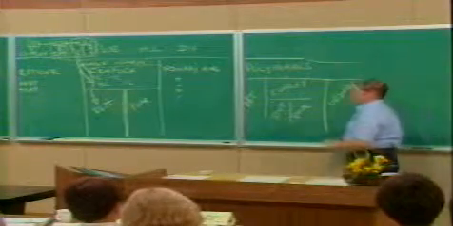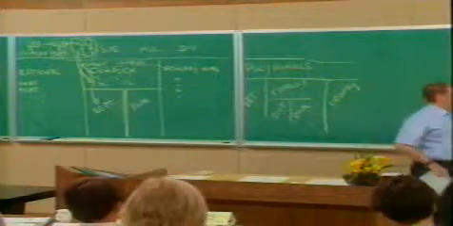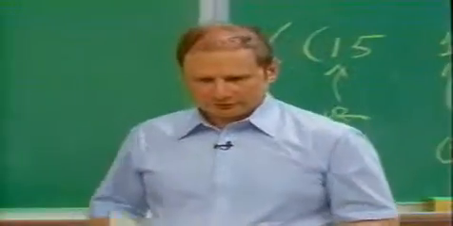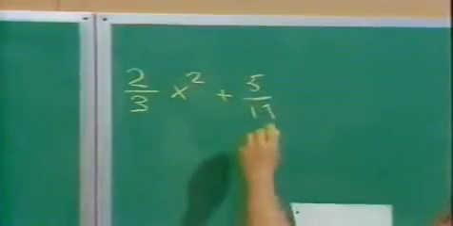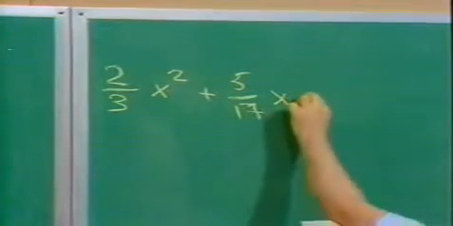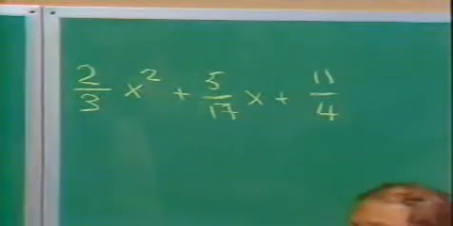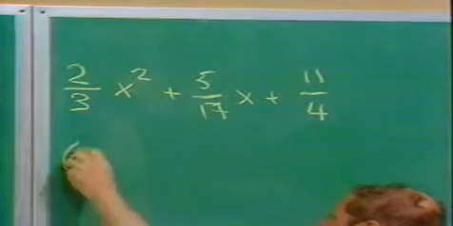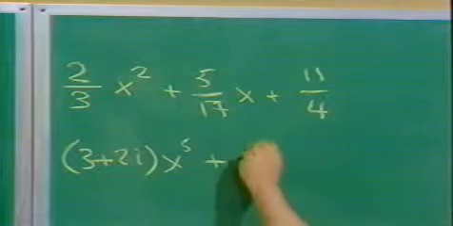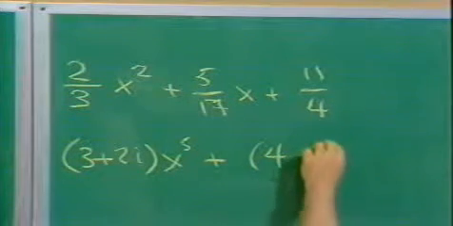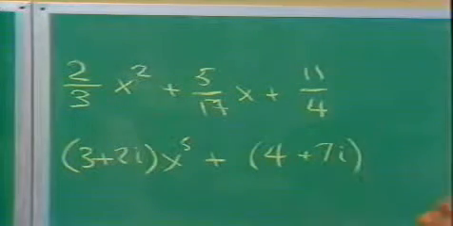So what I mean precisely is our system right now can automatically handle things like adding together polynomials that have this form, 2/3 of x squared plus 5/17 x plus 11/4, or automatically handle polynomials that look like 3 plus 2i times x to the 5th plus 4 plus 7i or something.